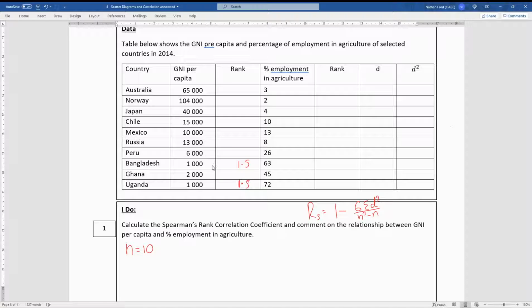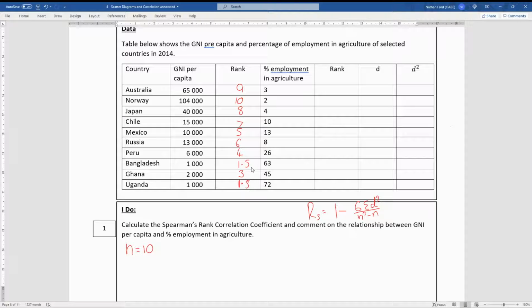So if you have repeated values, they basically take an average. Then it would be 1, 2, 3, 4. Next lowest would be 5, 6, 7, 8, 9, 10.